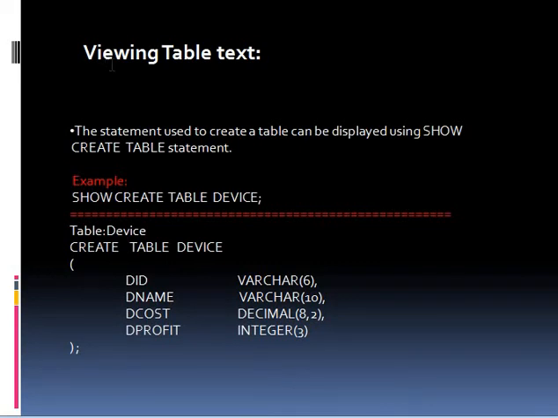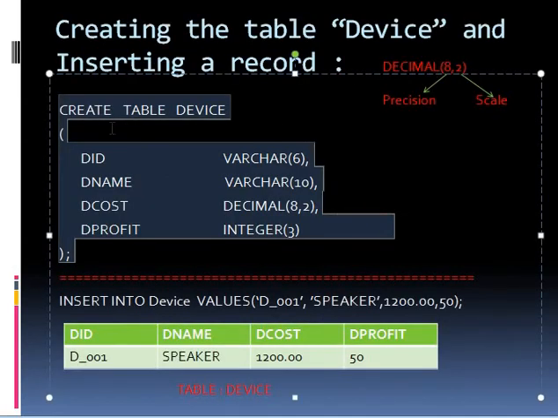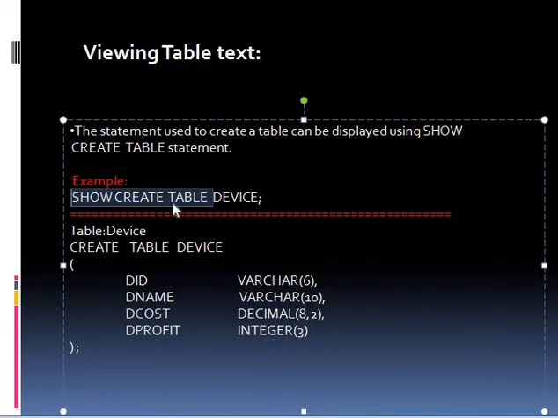Now there is another command to view the table text. So what actually is the table text? This was the command that I typed and executed to create our table named device permanently. We can call this command the table text, and if you want to view that table text, you have to type the command like this: show create table followed by the name of the table.